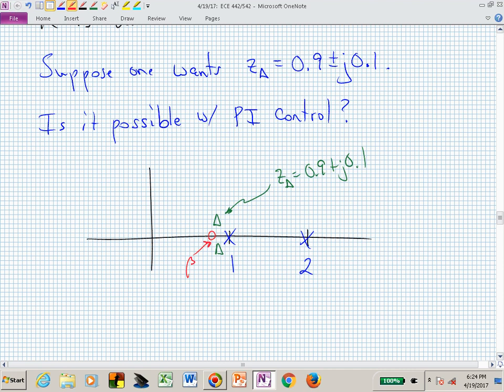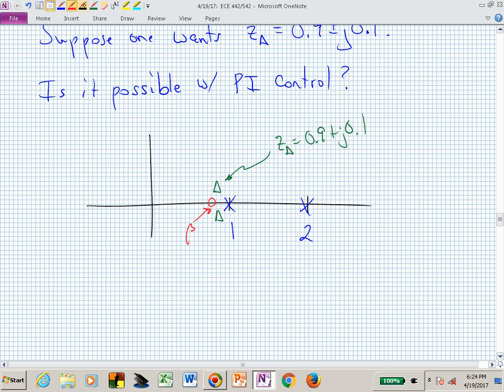Minus 180, which says that the algebraic sum of the angles of this pole 0 pattern need to be such that they combine to get an angle of minus 180 at that triangle location. If that's the case, then we know that for that choice of beta, the root locus does go through that triangle. If we can pick beta to make the angle due to those poles and 0 equal minus 180 for that choice of beta, then we know our root locus goes through those triangles. That's the plan.